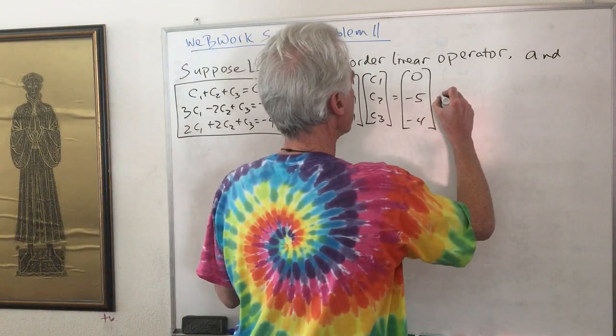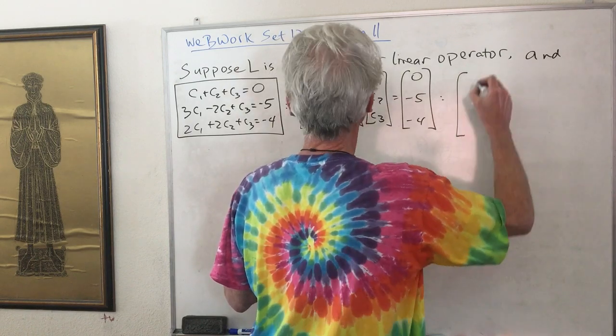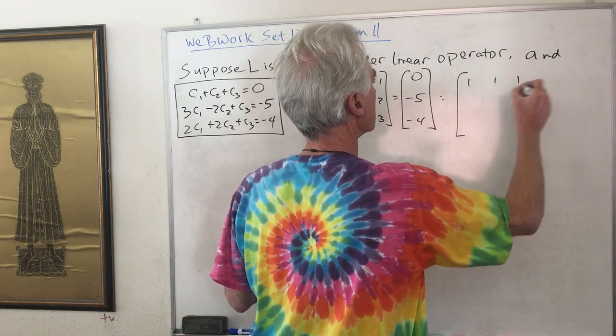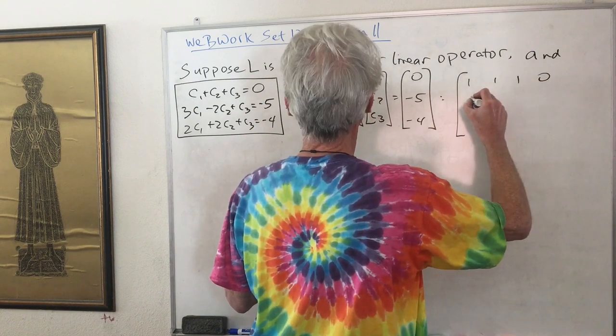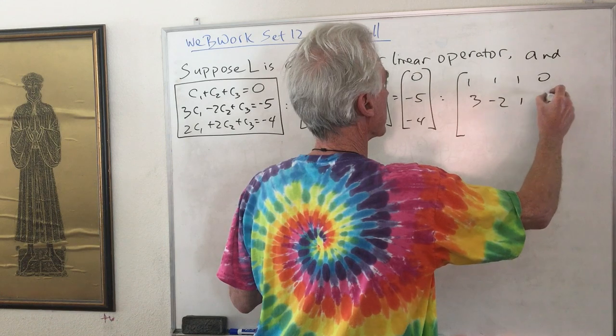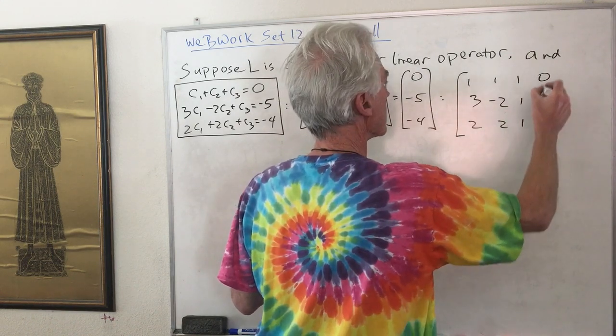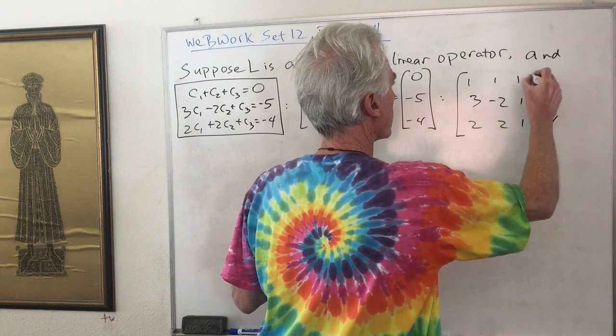And then I can write this as the augmented matrix: 1, 1, 1, 0; 3, -2, 1, -5; 2, 2, 1, -4.